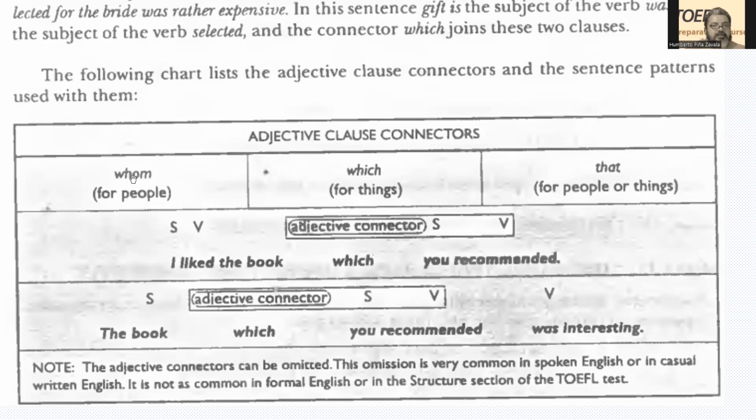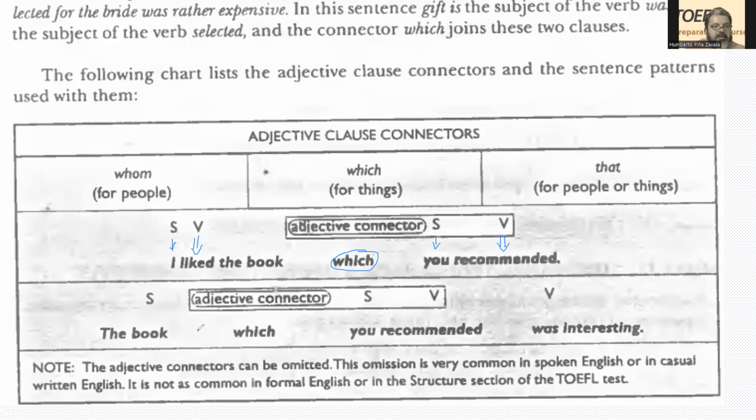So whom is for people, which is for things, and that can be for either people or things. So, I like the book which you recommended. Again, we have the subject I, the verb like, the book, the subject you, the verb recommended, and we have the connector.